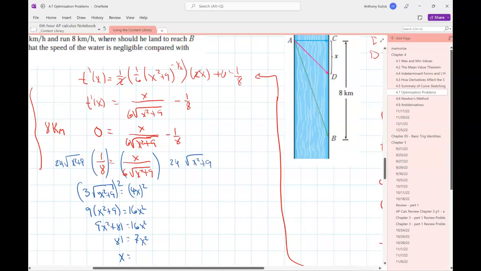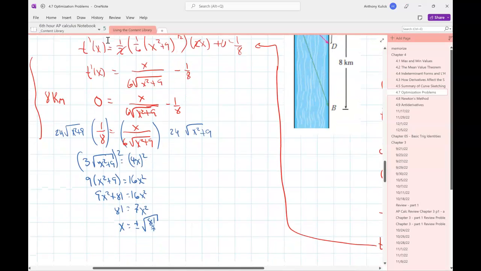I don't know why I got x. Oh yeah, x is fine. Plus or minus 9 over the square root of 7. Everybody's okay with that? And really, we don't care about the negative.